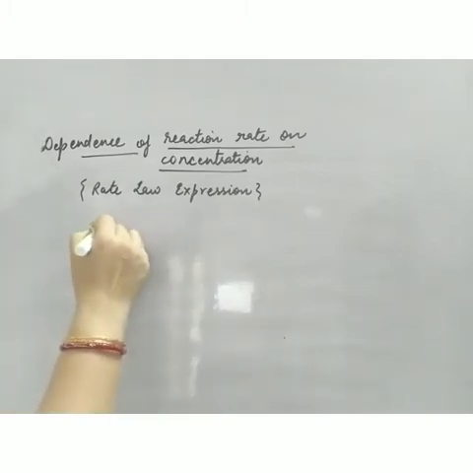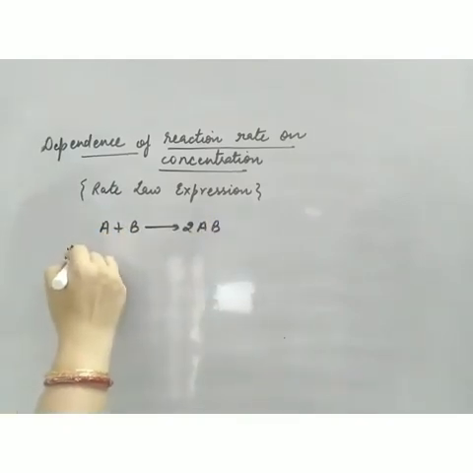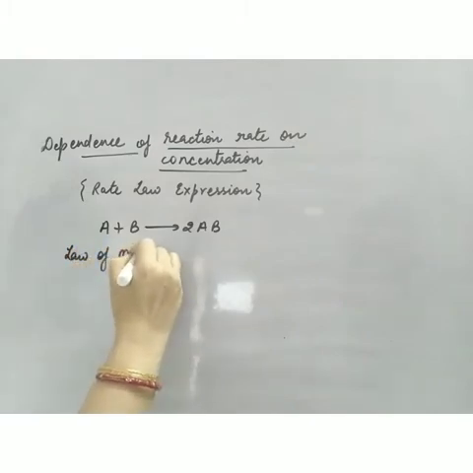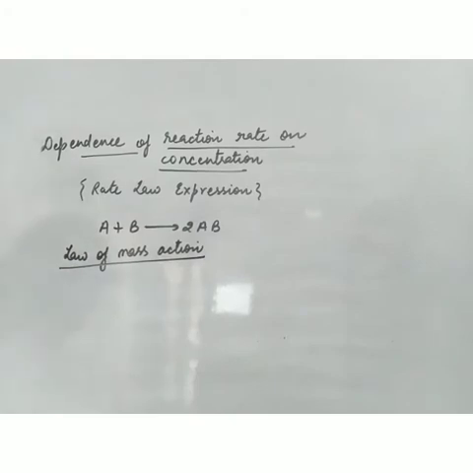Suppose I am having this reaction A plus B gives 2AB. Okay, in 11th class we have learnt law of mass action. Now according to law of mass action, the rate of a reaction is directly proportional to concentration of reactant. So we'll apply law of mass action here.